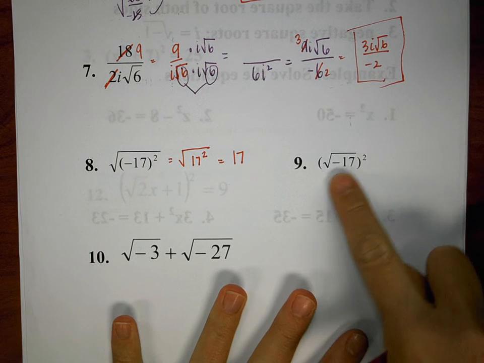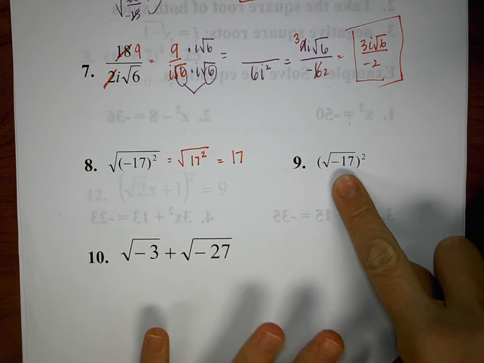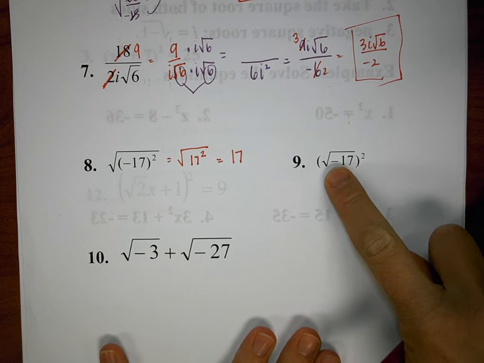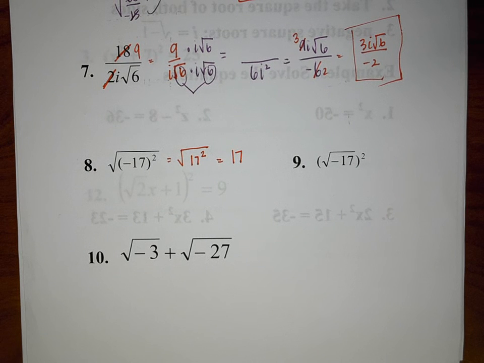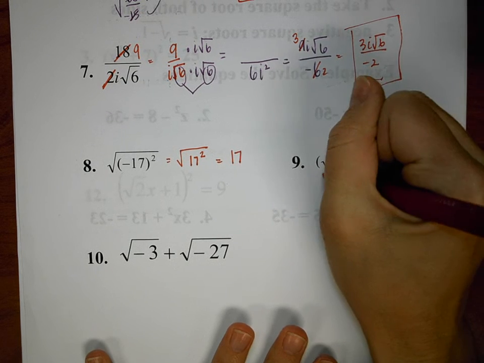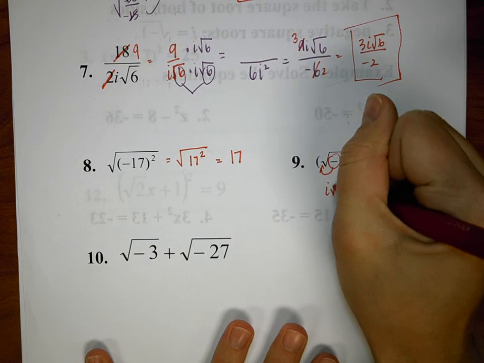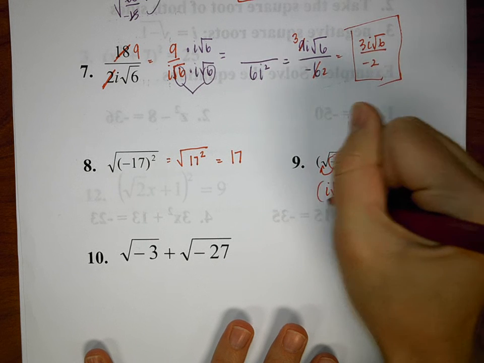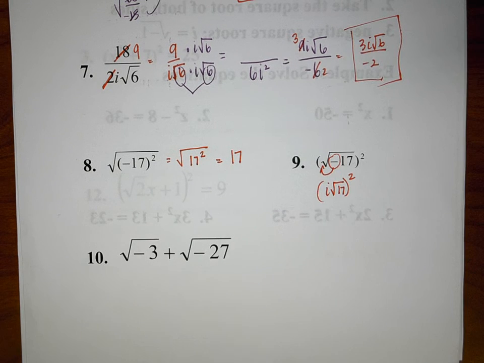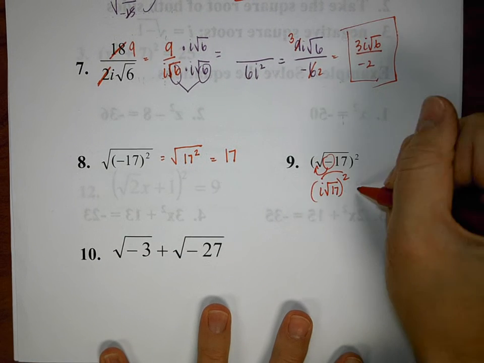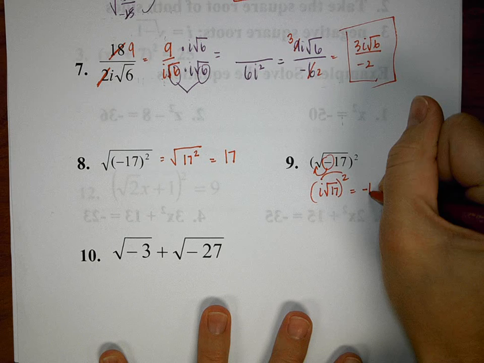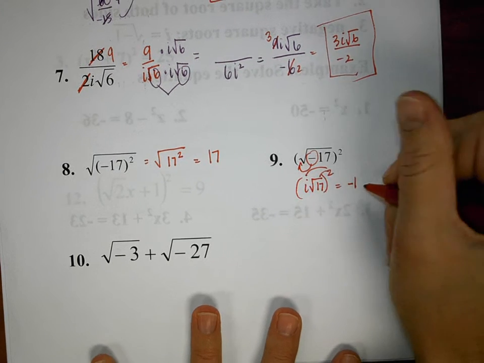So we have to simplify in our parentheses first here. So what would I do with that negative in this one? You take out this negative, and you're going to get i root 17. And then we square it. So when we square it here, what is i squared? Negative 1. And what is root 17 squared? 17.